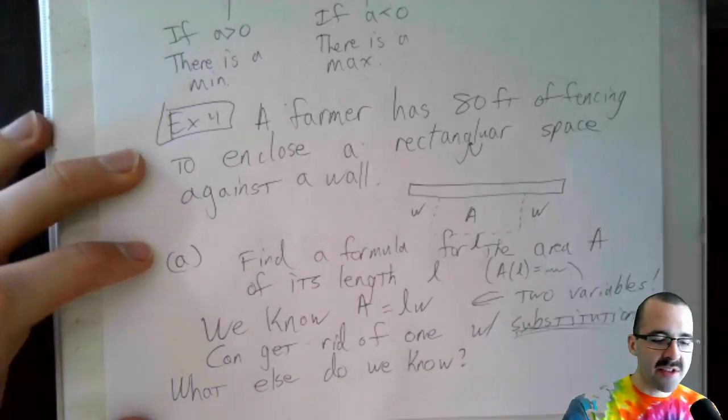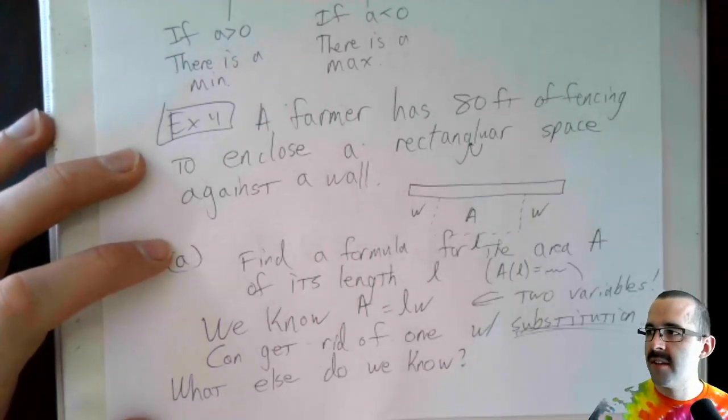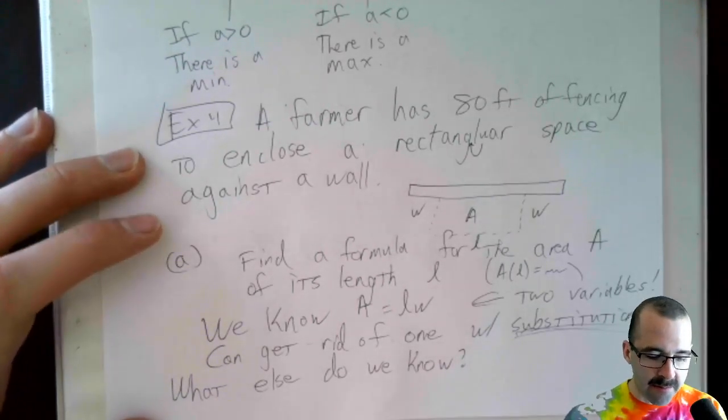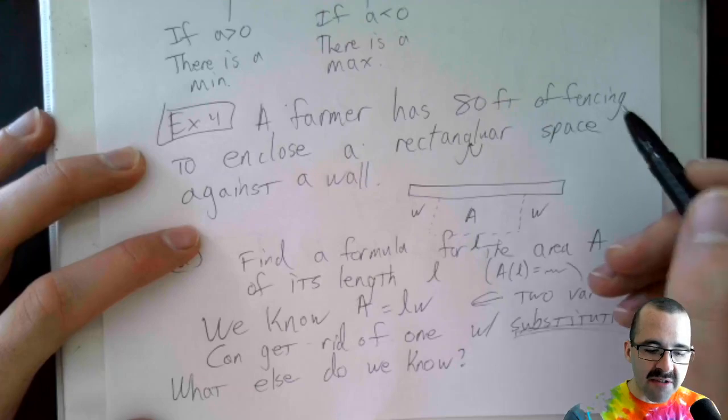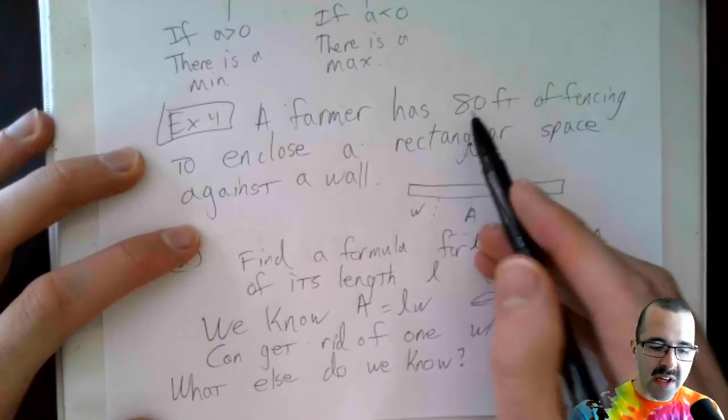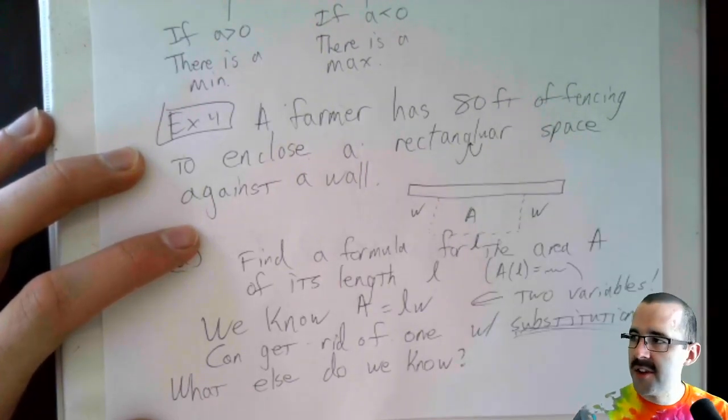Exactly, Monet. We haven't used the fact that we have 80 feet of fencing. Yeah, very good, Delaney. So we have 80 feet of fencing. This is what we're going to use somehow in the substitution.